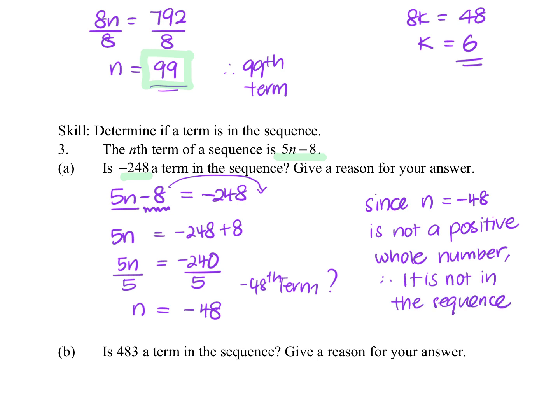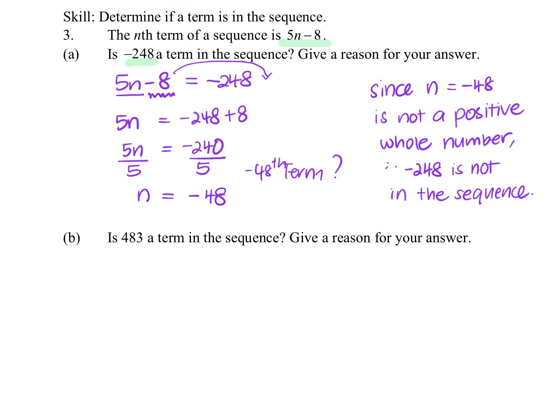Or rather, give me a minute, I'm going to improve my answer. Therefore, the number negative 248 is not in the sequence. We can only have a number to be in the sequence if the value for n is number 1 positive, number 2 a whole number.